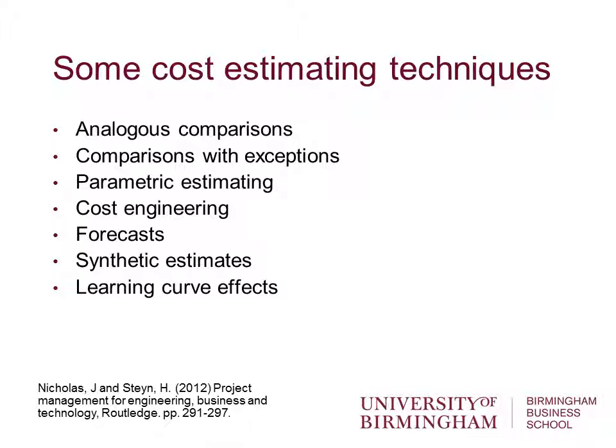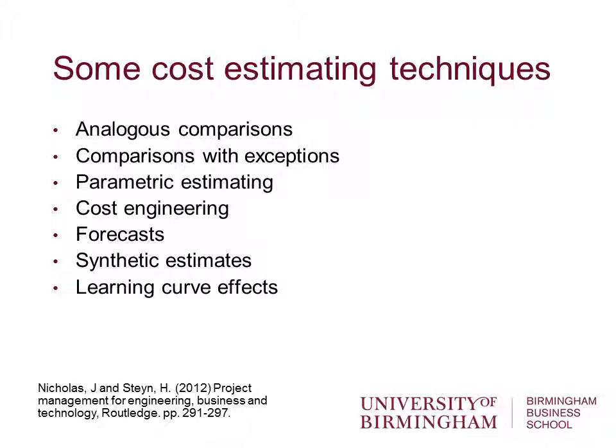Cost engineering, possibly, where we go down to basic first principles and say, okay, well, we've got all the activities in front of us. Let's work out the detailed cost for every single activity, the detailed time estimates for every single activity, and then put those all together to create a cost and time for the project. Maybe we use forecasts. What sort of return can we get in the project, and how might that impact on our cost and time estimates?